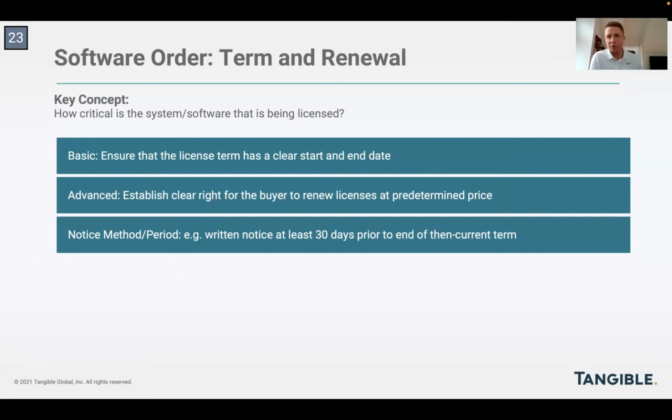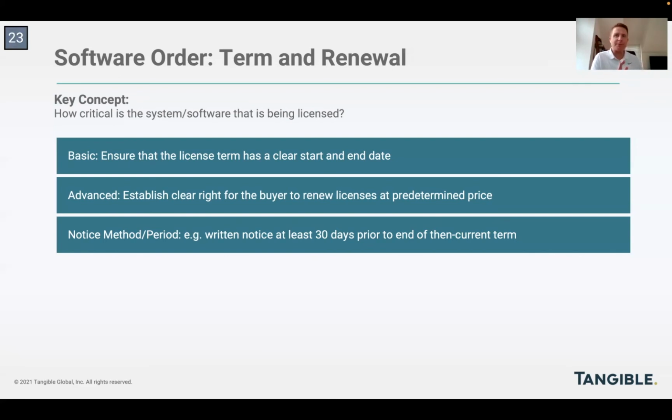And for a software order, the considerations are conceptually very similar. Most basically, you should establish the clear start and end date of the software license that's being procured under the order form. And the kind of advanced and related concept to consider is the right for a buyer to renew that license at a predetermined price.